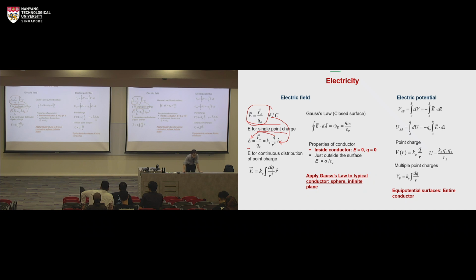And from 1 point charge, of course, you can move one more step to get the E due to multiple charge Q1, Q2, Q3, let's say.